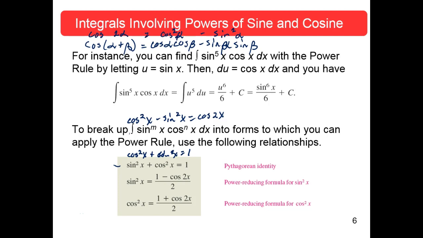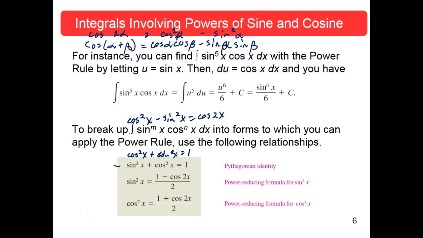Right? And if you subtract these two, this one minus this one, this one minus this one, then the cosine squares go out, and you have 2 sine squared x is equal to 1 minus cosine 2x, divided by 2. So that's how I do it: I don't try to remember which is the plus and which is the minus.